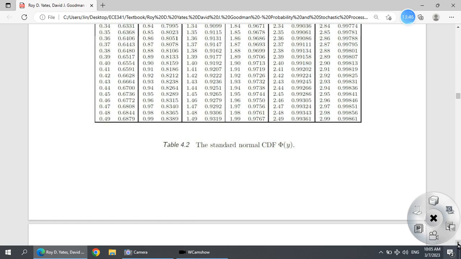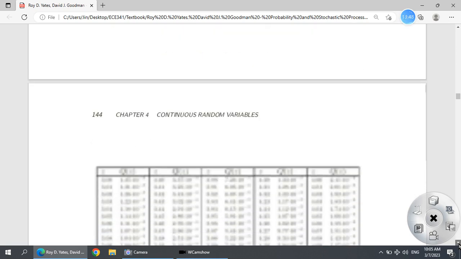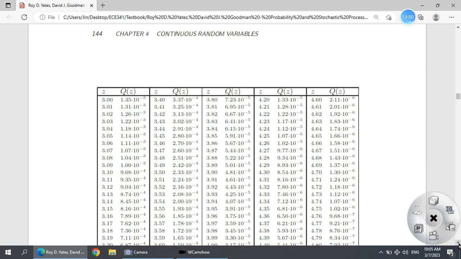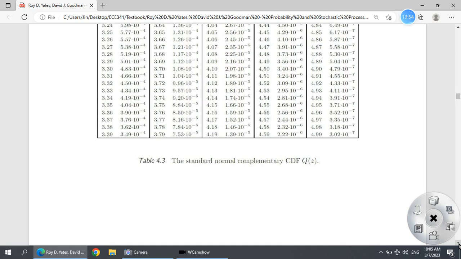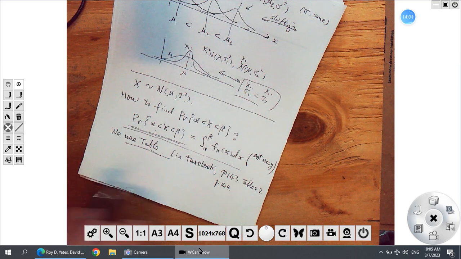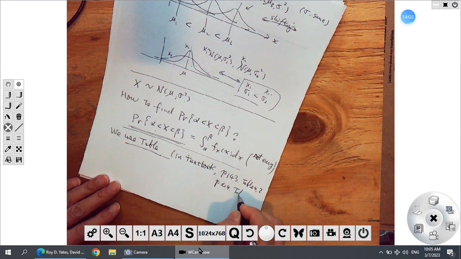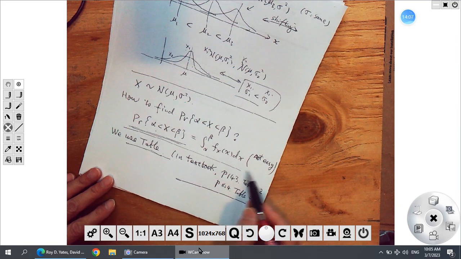This is one table, and we have another table on the next page, Table 4.3. Okay, I put the information here. So we use these two tables.